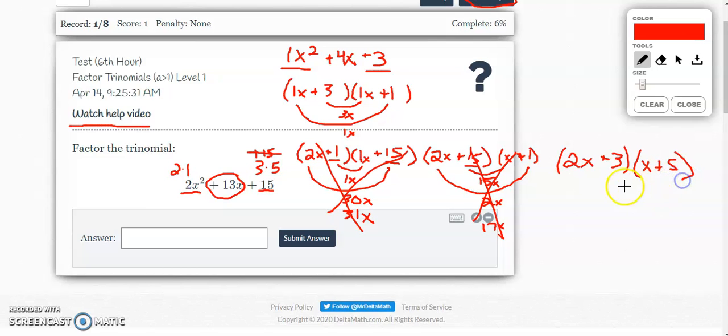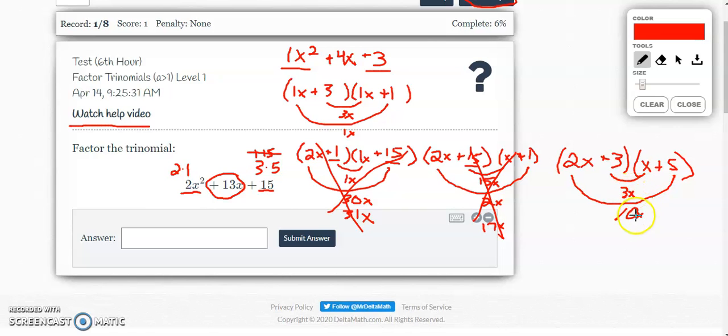All right, so let's just walk through this again. 2x times x gives me the 2x squared that I'm looking for. 5 times 3, or 3 times 5, is 15. So I've got the first and the last values. So now what I'm really focused on is what's happening inside. So here's 3 times x, which is a 3x. And then I'm looking at 2 times 5, which is 10x.